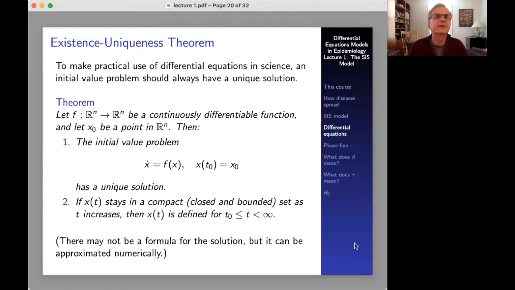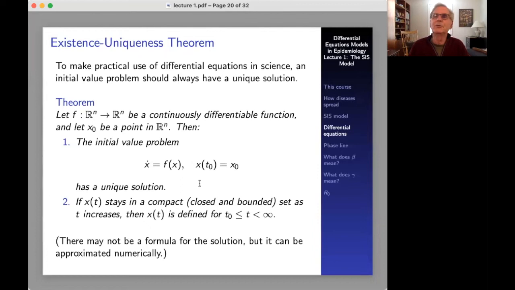So here's the basic theorem. Suppose f from Rn to Rn is a continuously differentiable function, and x naught is a point in Rn. Consider the initial value problem, x dot equals f of x, f is continuously differentiable, and x at some time t naught is x naught. Our theorem says that initial value problem has a unique solution.